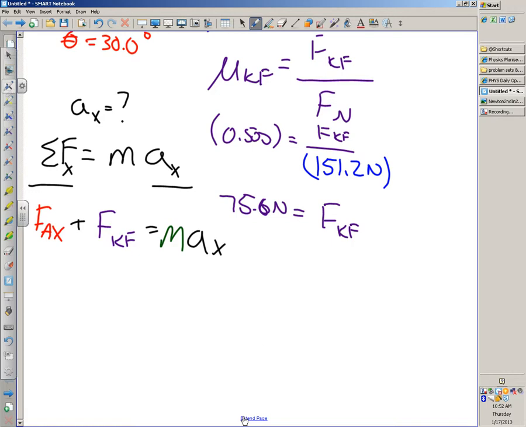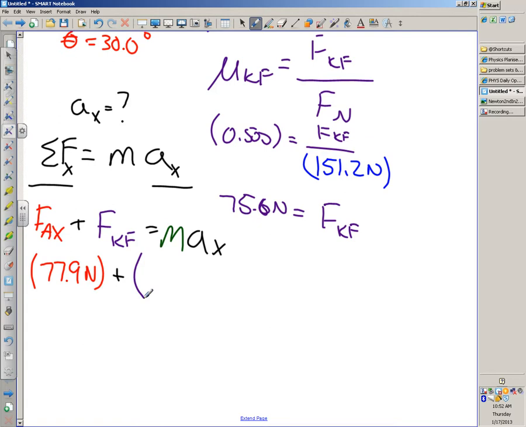And if we go back and look, we should have everything in this equation except for the one thing that we're looking for. Do we have the applied force on the x-axis? Yes. What number was it? 77.9 newtons, plus the frictional force, negative.